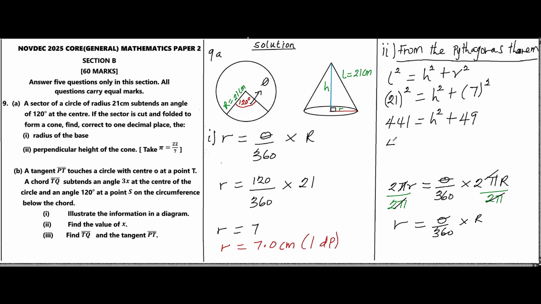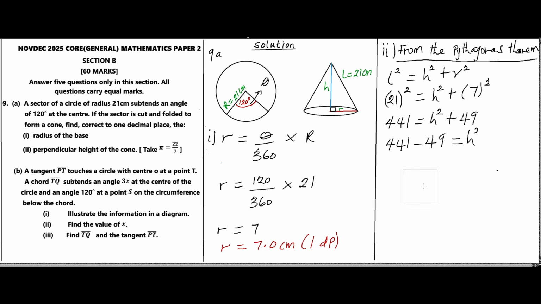Numbers on the left, we have 441 minus 49, and this must be equal to h squared. So what is 441 minus 49? That is 392. So this must be equal to h squared.